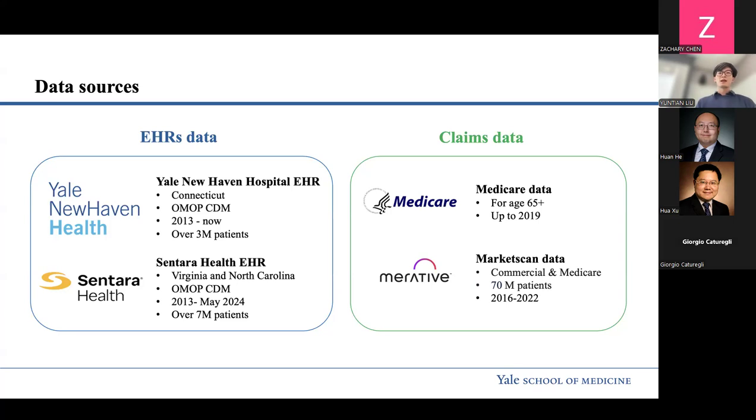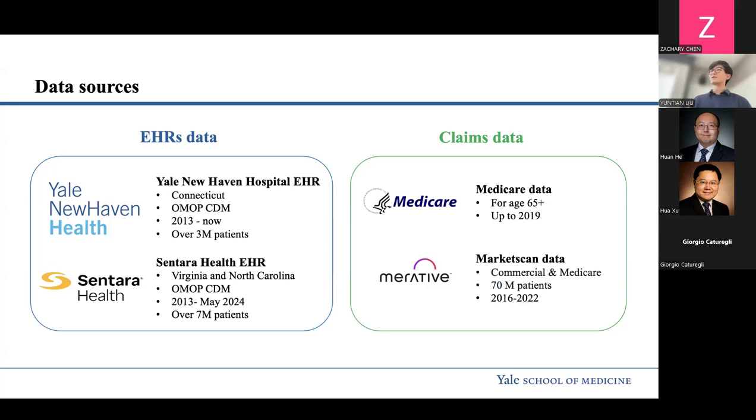I think there's also a good point for this EHR because they are both the dominant health system in their region, so we got pretty representative data and pretty representative results using this data.